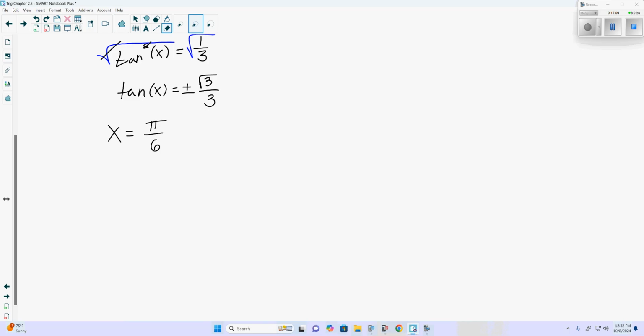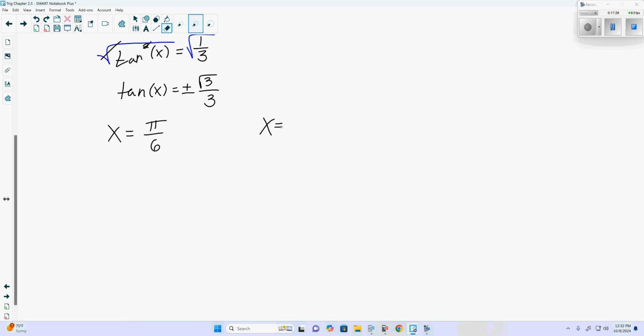So that is one of our angles. And it works out that at pi over 6, it is positive square root 3 over 3, which is one of our angles.